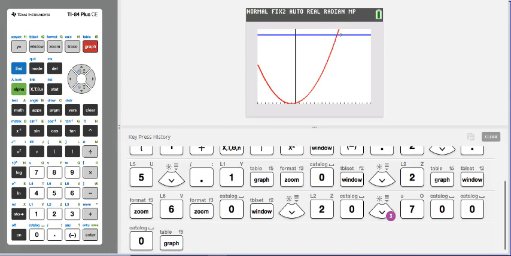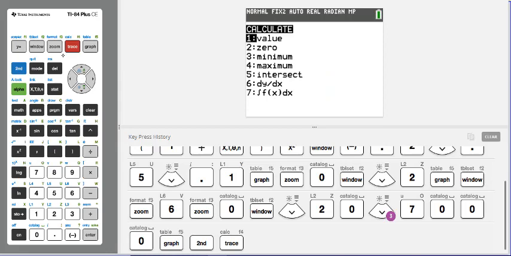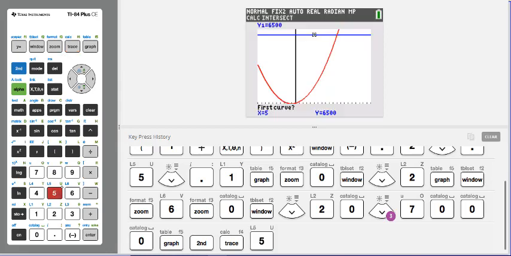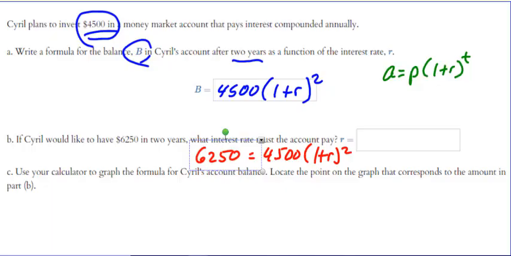Okay, so this is the point that I'm needing. So second trace, 5, enter, enter, enter, and 11.02. Now, just know, okay, what I was talking about a while ago, this is 11.02 as a decimal, right?